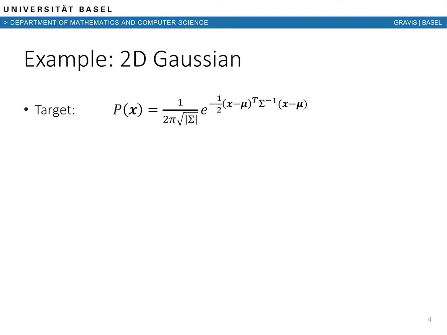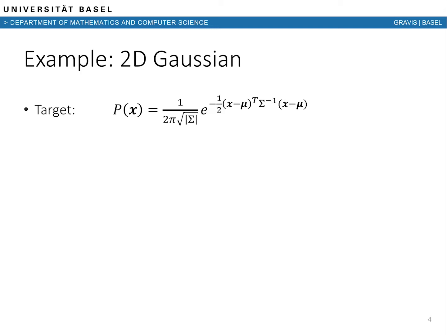Let's look at an example, and here I picked an example you should all be familiar with. It is the 2D Gaussian distribution. So assume we want to generate samples from this 2D distribution, but we don't know how to sample P directly. So we would apply the Metropolis algorithm.